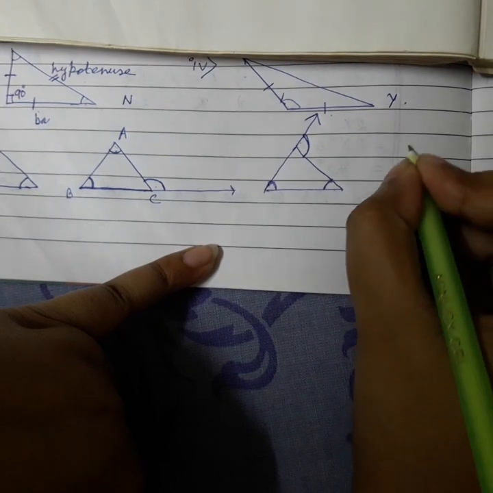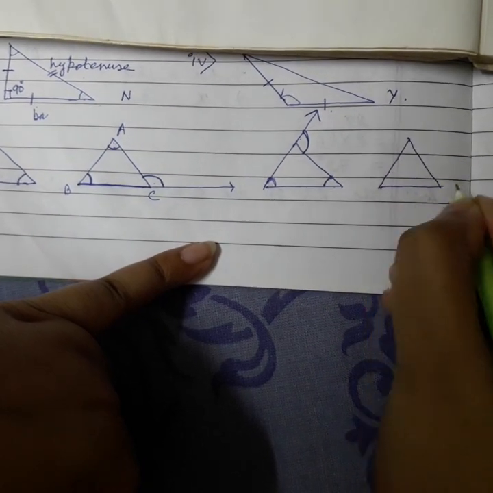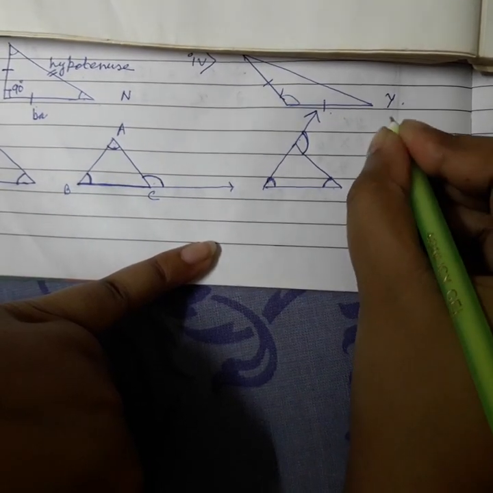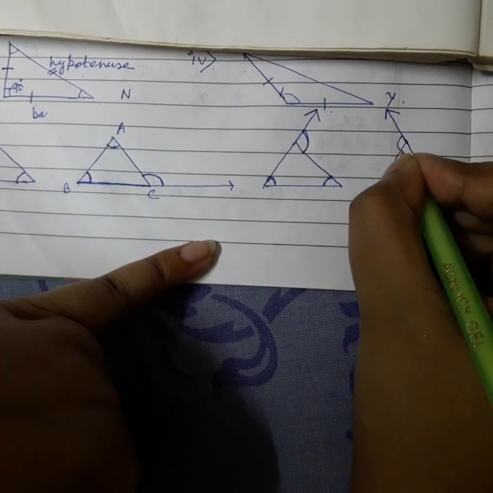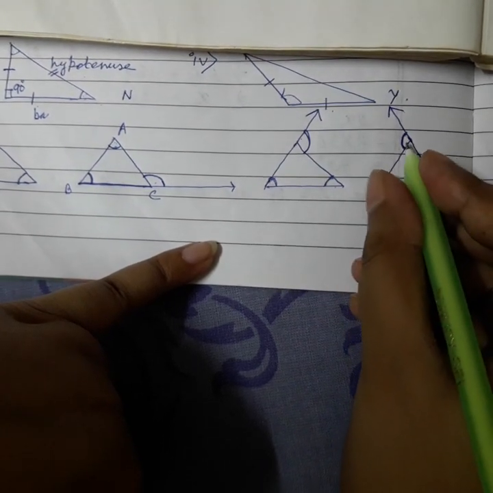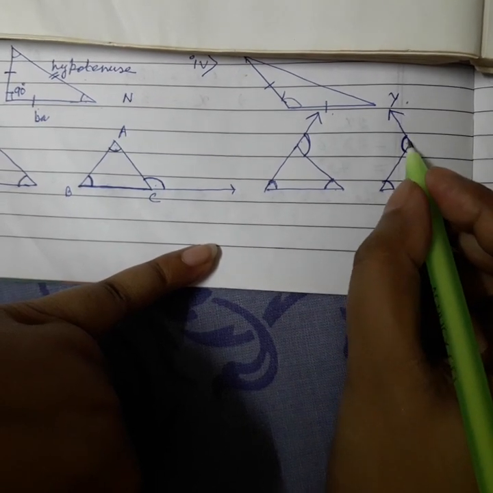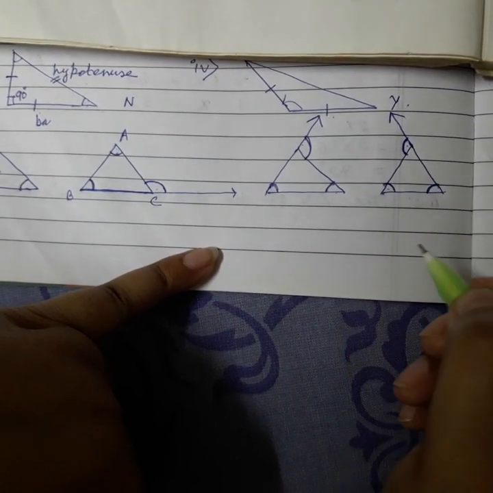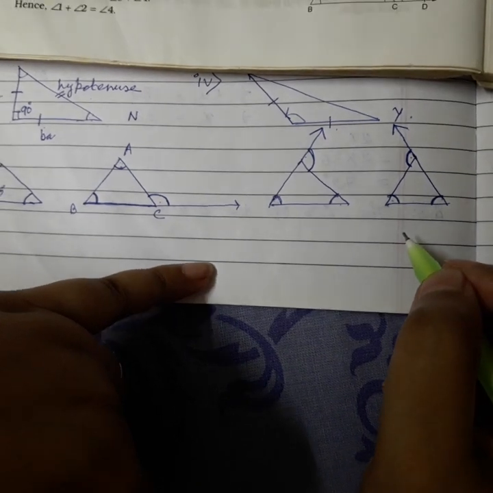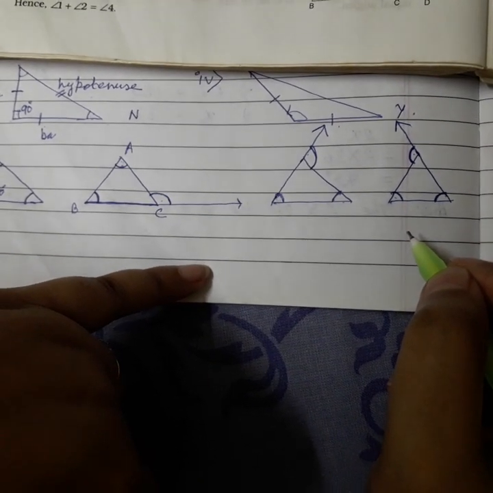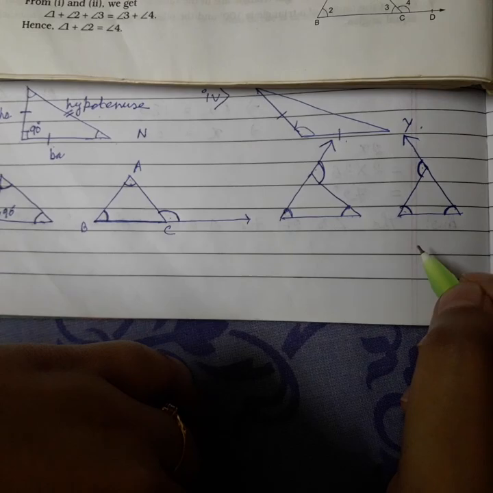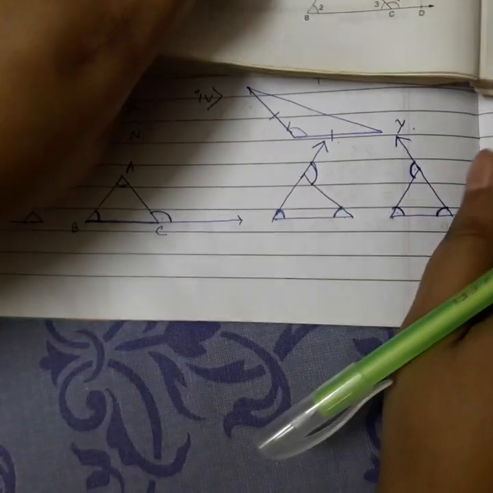Similarly, again if I draw one triangle and if I extend this side, this will be the exterior angle, and the exterior angle will be equal to the sum of the opposite interior angles. That means this angle equals the sum of these two angles. So the property is, for a triangle the exterior angle will be the sum of the opposite interior angles. So that property we have to use in exercise 15b.